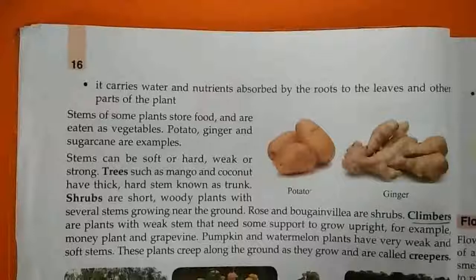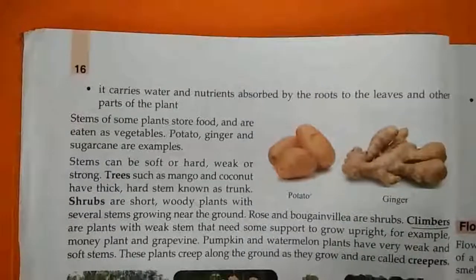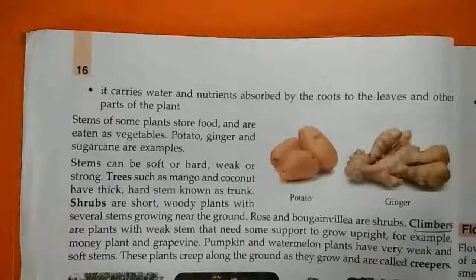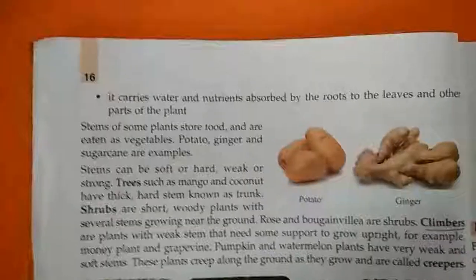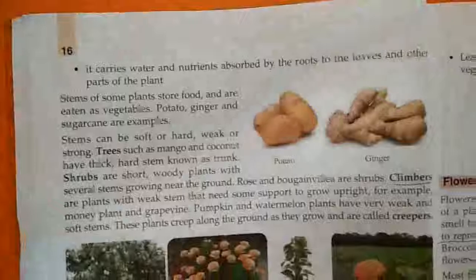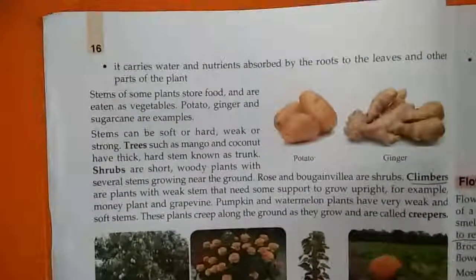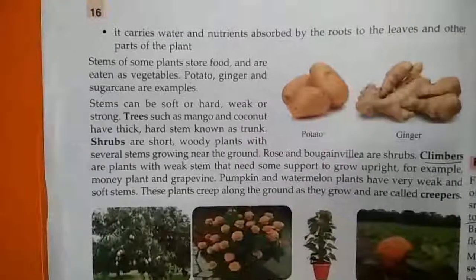Climbers are plants with weak stems that need some support to grow upright. For example, money plant, grapevine. Pumpkin and watermelon plants have very weak and soft stems. These plants creep along the ground as they grow and are called creepers.